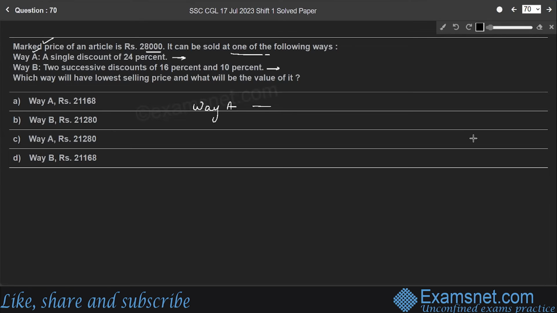In way A, the marked price is 28,000 rupees for an article and a 24% discount has been given. So here we'll consider the marked price as 28,000 rupees and the discount percentage as 24%. A single discount of 24% has been given, right?